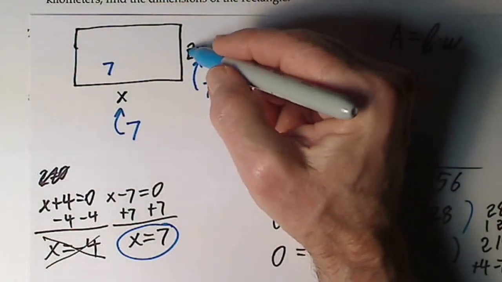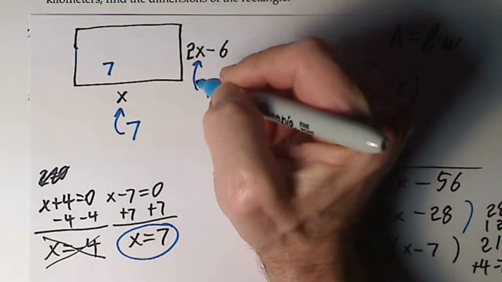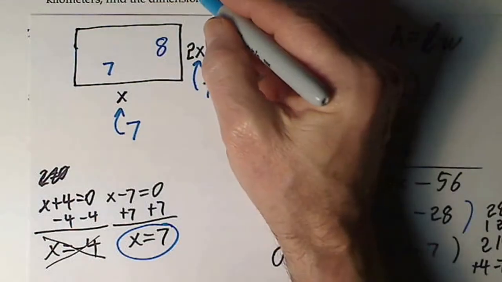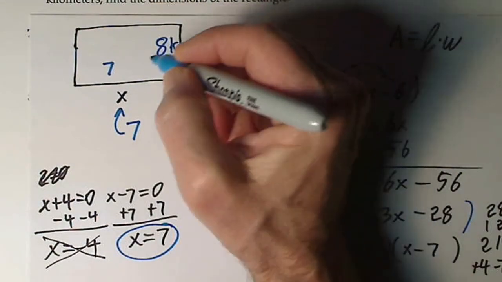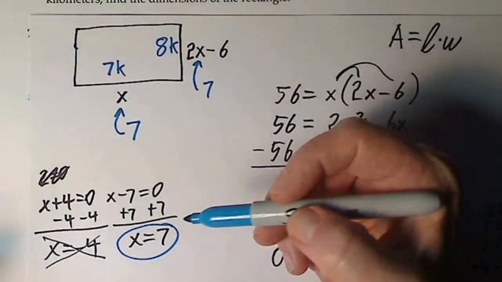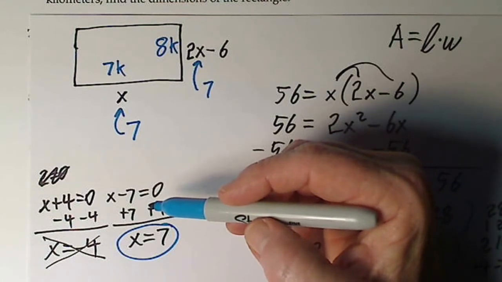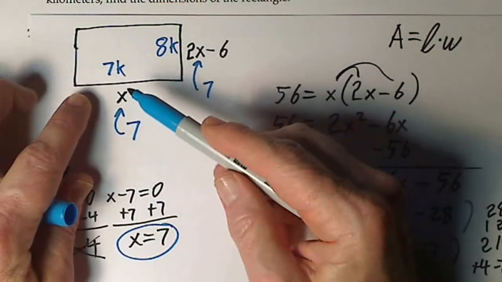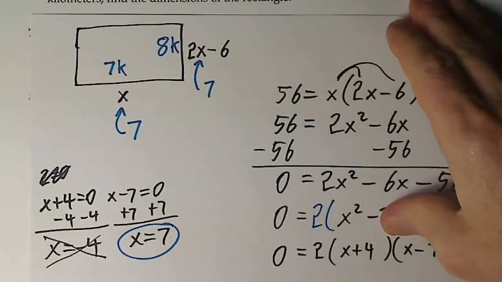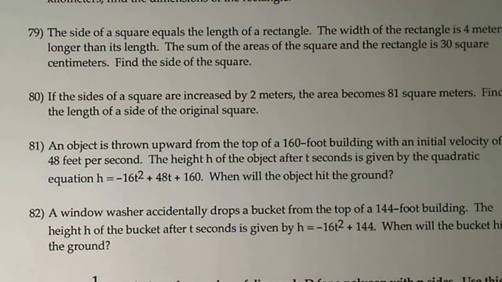Here you would get a width of 14 minus 6 is 8, and these are kilometers, so I'll just put K for kilometers. And again, it's a little backwards because the width is supposed to be the shortest side. Alright, so that's 78. We'll take a look at 81.